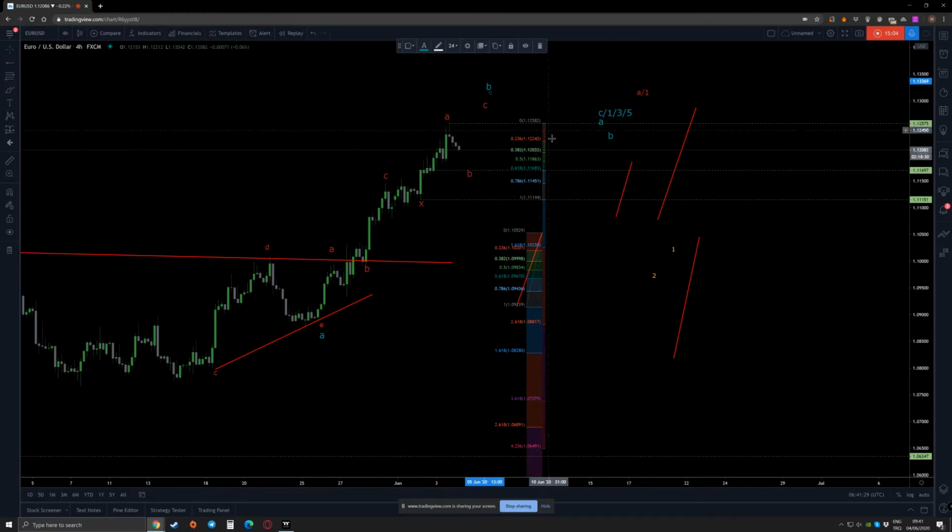If it ended here, maybe it will be a triangle, maybe it will still go down. Or we will make a triple combination, make another X wave, go one more higher and then go down. So look, you have all these possibilities for your ideas.